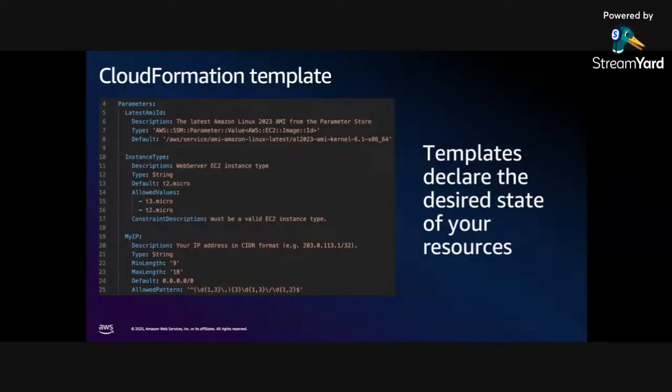So here we have an AMI, which pulls the machine image that we want for our EC2 instance, the instance type, which lets you choose between T2 and T3 micro instances, and my IP, which allows you to input your IP addresses so that we can have the minimum permissions necessary for our security group. And we'll see the full architecture in the next slide.